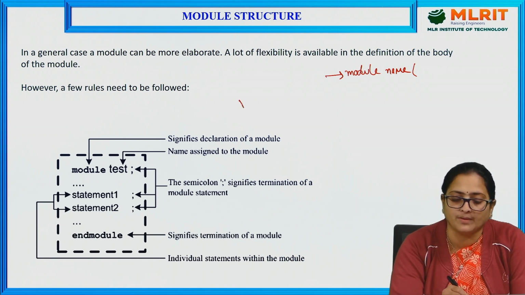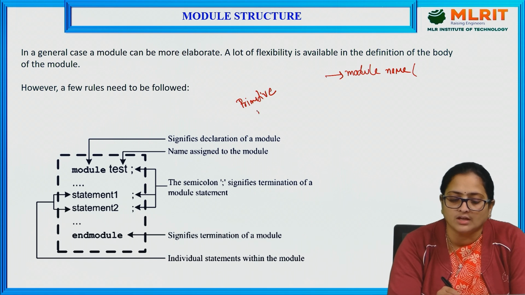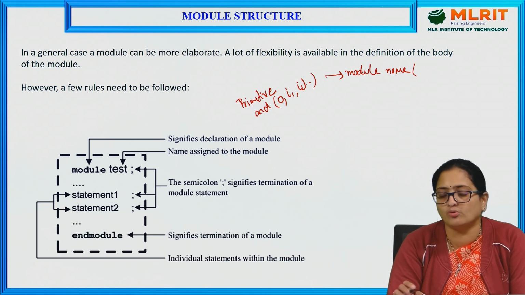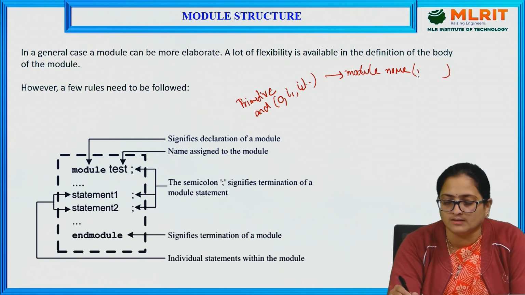But for primitives, you need to remember this point: the output port is assigned first, and later the inputs follow the output. Whereas here, when you are creating your own module, just the port list has to be given.